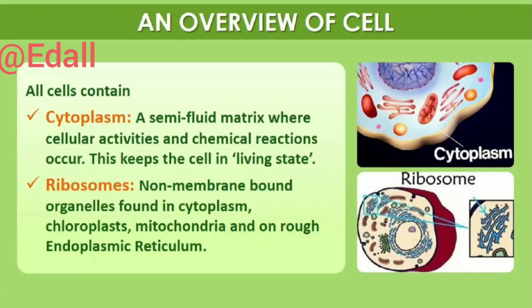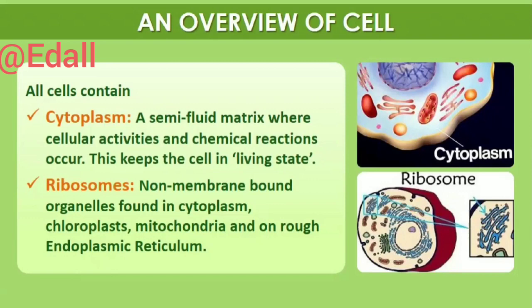Cells that have membrane-bound nuclei are called eukaryotic, whereas cells that lack a membrane-bound nucleus are prokaryotic. In both prokaryotic and eukaryotic cells, a semi-fluid matrix called cytoplasm occupies the volume of the cell. The cytoplasm is the main arena of cellular activities in both plant and animal cells.